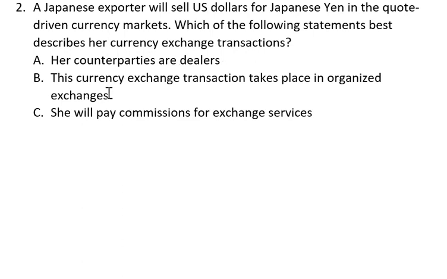B. This currency exchange transaction takes place in organized exchanges. C. She will pay commissions for exchange services. In the quote-driven currency markets, dealers are counterparties to currency exchange transactions. The answer is A.